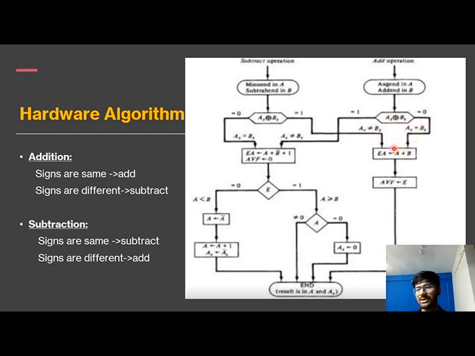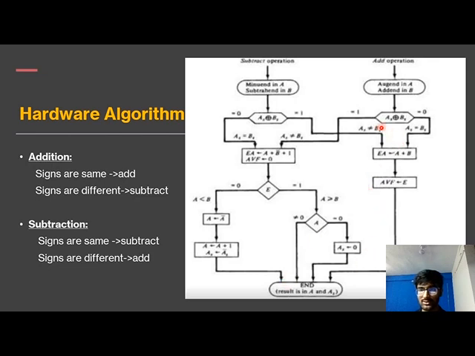If both signs are same, then addition will be performed. So A plus B will be added to A, and any carry that occurs will be stored into the overflow flip-flop, and then it ends.